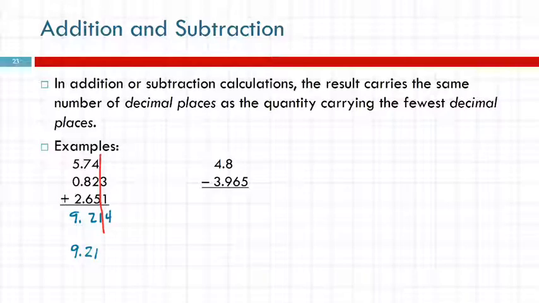Okay, let's do this one. 4.8 minus 3.965. And the calculator says 0.835. So how should I express the answer?